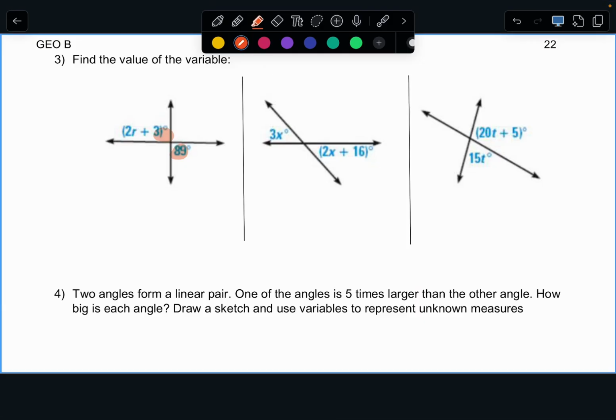And vertical angles are supplementary or congruent? Congruent. Say it louder, Logan. Congruent. Vertical angles are congruent. So their measures have to be the same, and we can set them equal to each other. So those two orange angles have the same measure. We set them equal, and it's because they are vertical angles.